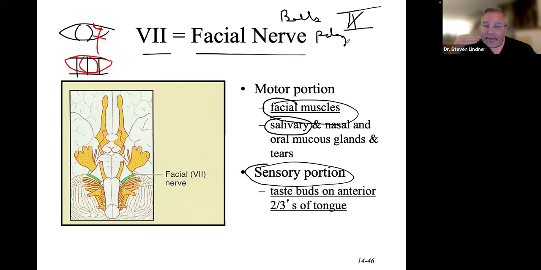You can blink, but the side that's involved, that eye won't blink because of the paralysis. So cranial nerve 7 is all the facial expressions, raising your eyebrows, smiling, frowning, whistling, puckering up for a kiss, sweet, sour, salty to the anterior 2/3 of the tongue and the salivary glands. And it also is responsible for shutting the eye.